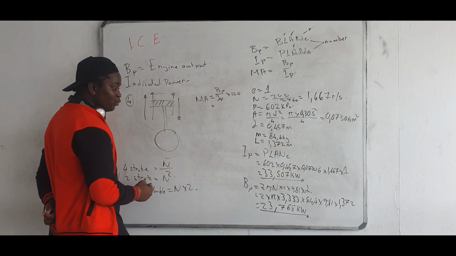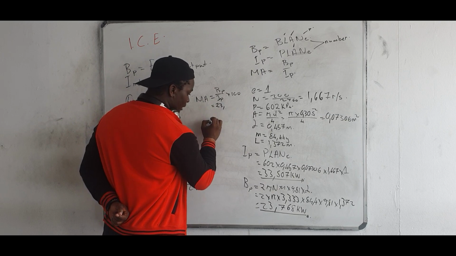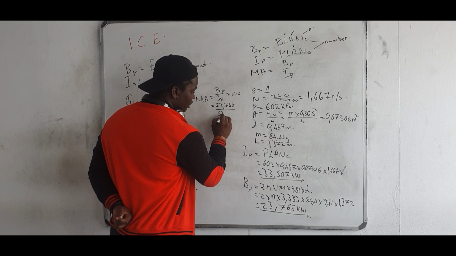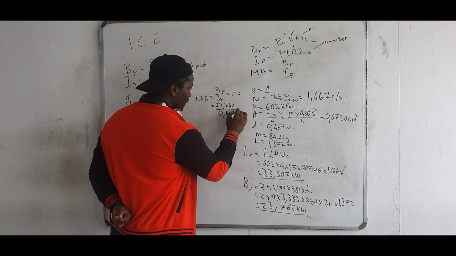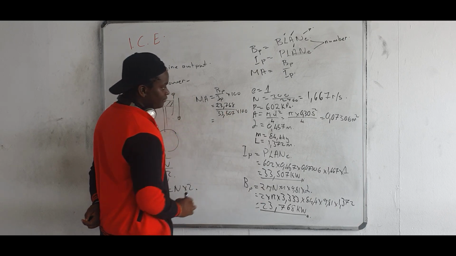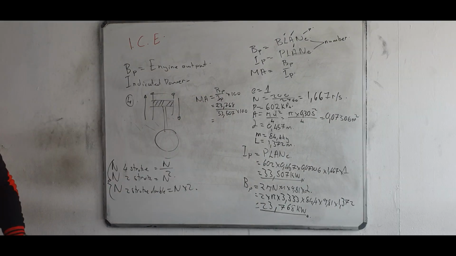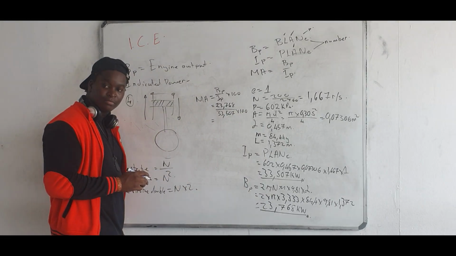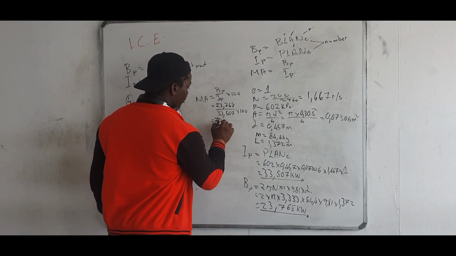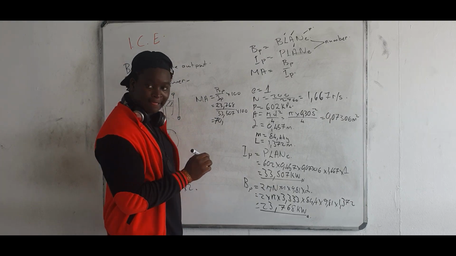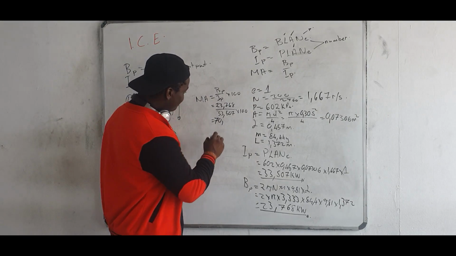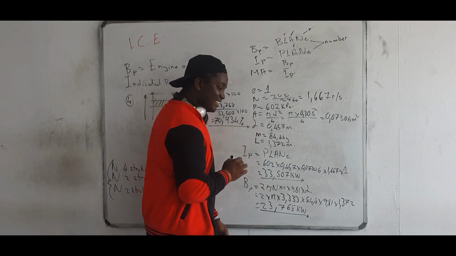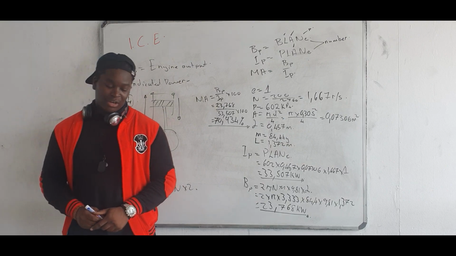Our BP, we got it as 23,768 divided by 33,507 multiplied by 100. Then what do you get? No, you forgot to multiply by 100. That would be 70,934%. Done. Now, our lesson stops here.